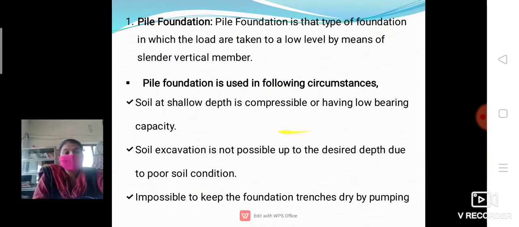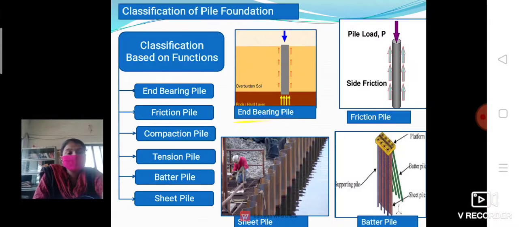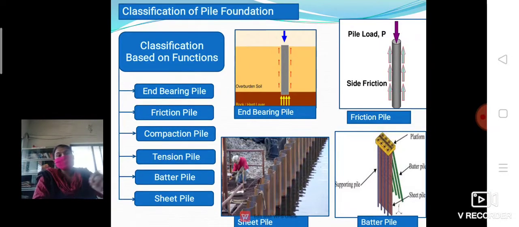Okay, this is the pile foundation. Just look at the picture. These are piles, like end bearing pile, friction pile, then sheet pile, then batter pile. The sheet pile is used as a barrier, like a barrier for water during construction.